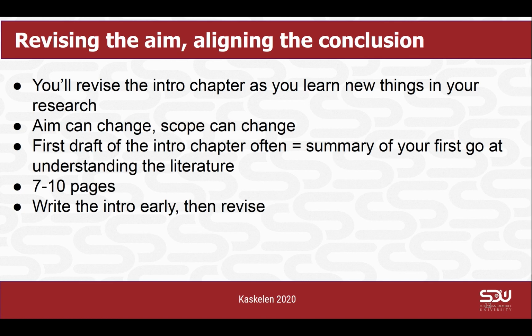Or if in your conclusion you found something that is beyond the aim or the scope of your work stated in the introduction, then you should probably edit the aim and scope, right?